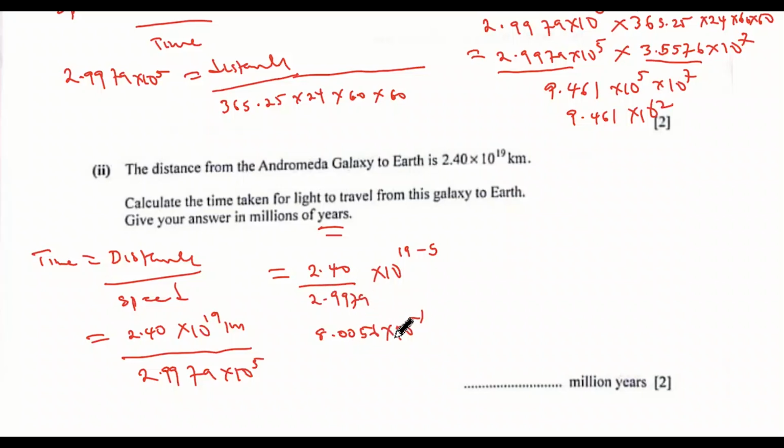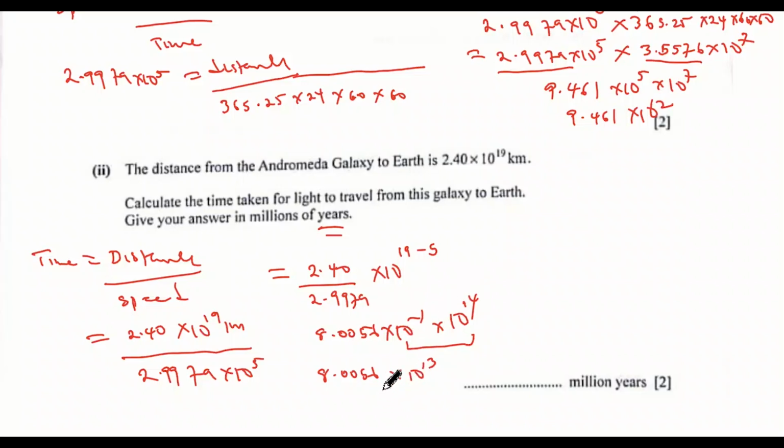So you have to write it in standard form, and it will be negative 1. Then times 10 to the power of 19 subtract 5, that will be 14. We cannot apply multiplication of indices here. So finally you will get 8.0056 times 10 to the power of minus 1 plus 14, that will be 13.